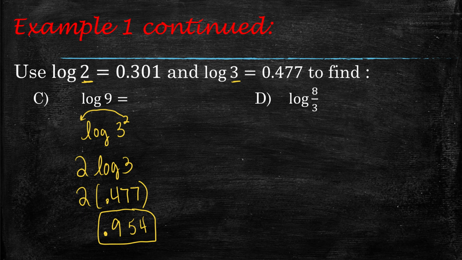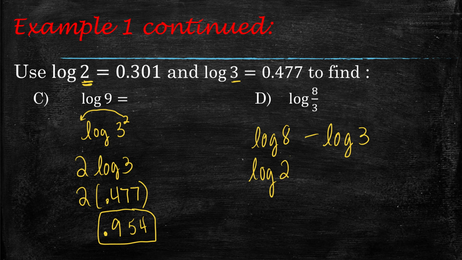All right, here we have log of 8 over 3. Okay, so we can go ahead and do log of 8 minus log of 3. We know what log of 3 is, but we don't know what the log of 8 is. However, we can write 8 as 2 to the 3rd power. And then log 2 to the 3rd power would be 3 times the log of 2.